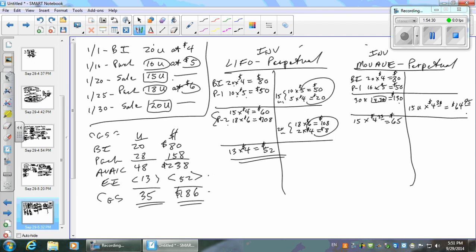Okay. Then what? We purchase another one. 18 times $6. We said that was 108. So 65 plus 108 is the total amount of inventory we have. What's that? 173. Excellent. And then we have 15 plus 18, which is 33 units right now. And we figure out what the average cost is of them.